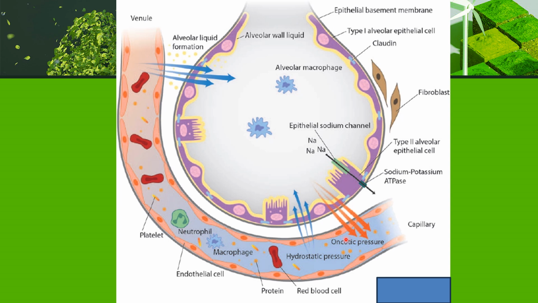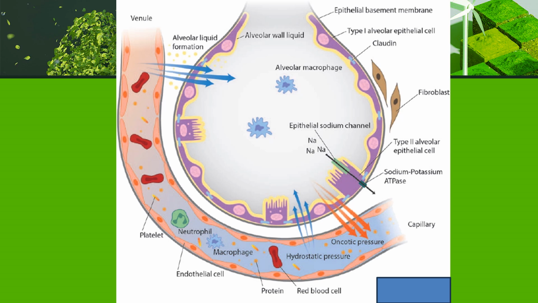Fluid and small protein leakage through the small gaps between capillary endothelial cells into the interstitial space do not enter the alveoli because of epithelial tight junctions, and lymphatics remove most of the filtered fluid from the interstitium at a rate of approximately 10 to 20 ml per hour. This is under normal physiological condition.